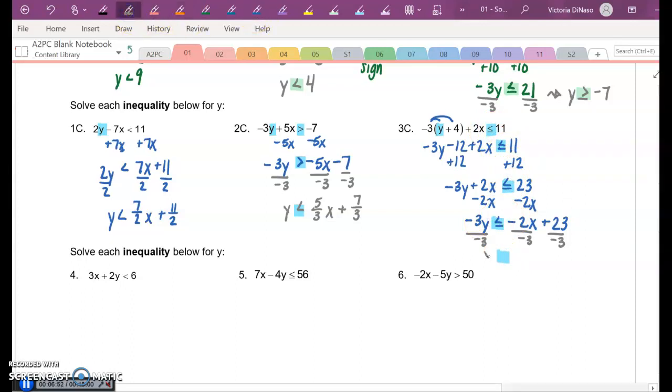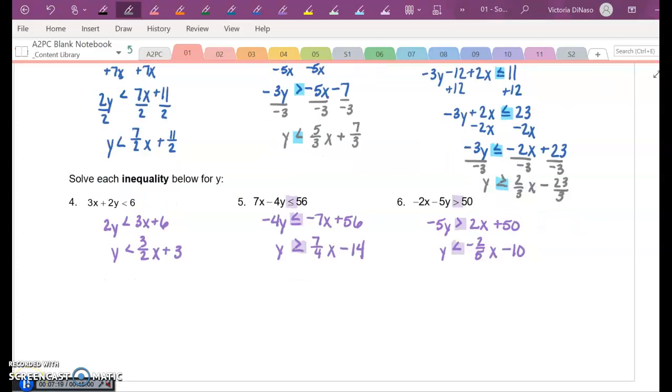So my final answer is y is greater than or equal to negative 2 divided by negative 3, which is a positive 2/3 x, and then positive 23 divided by negative 3, that gets me negative 23/3. So every time that we divide by a negative or multiply by a negative, it flips the direction of the inequality. Go ahead and pause the video and work on numbers 4, 5, and 6.